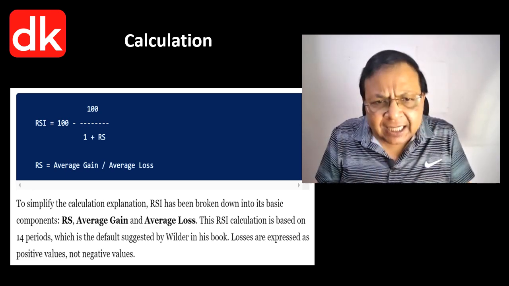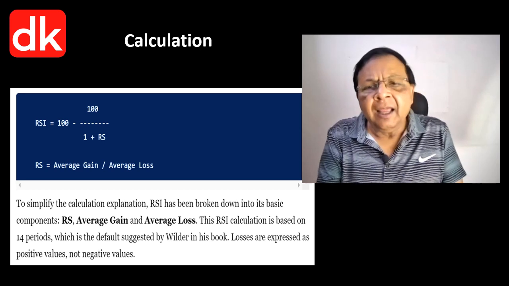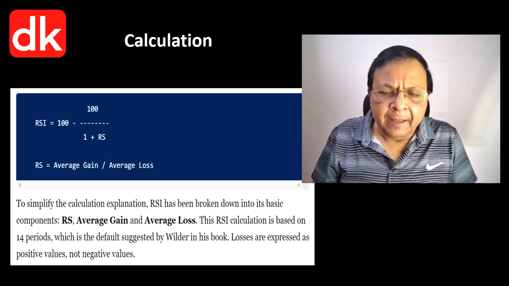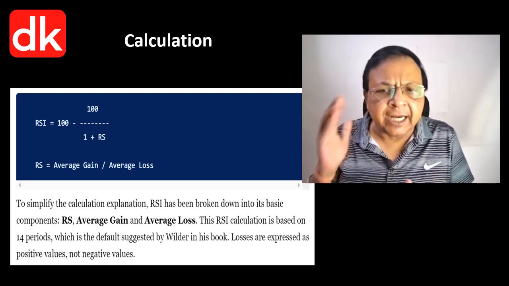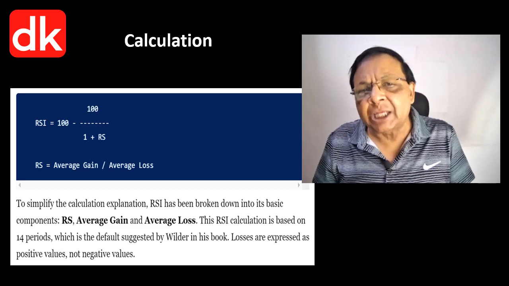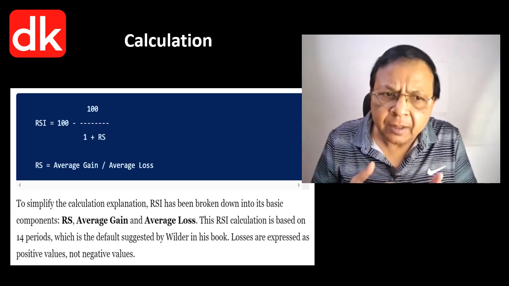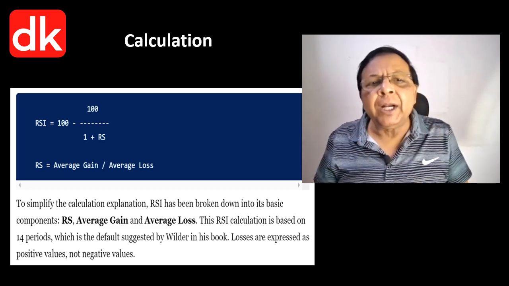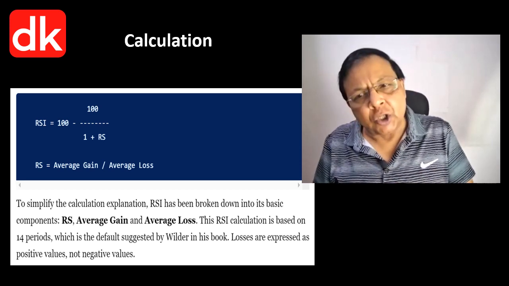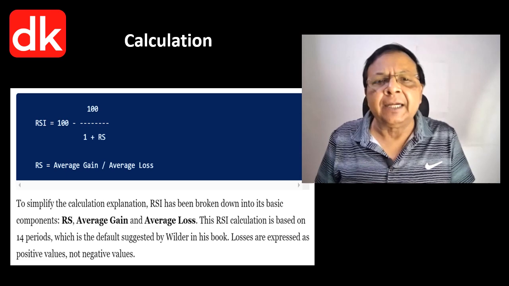So RS is nothing but average gain and average loss, because the price is not moving in a straight line upward or downward. To simplify the calculation, RSI has been broken down into components like RS, average gains and average loss. As simple as that.